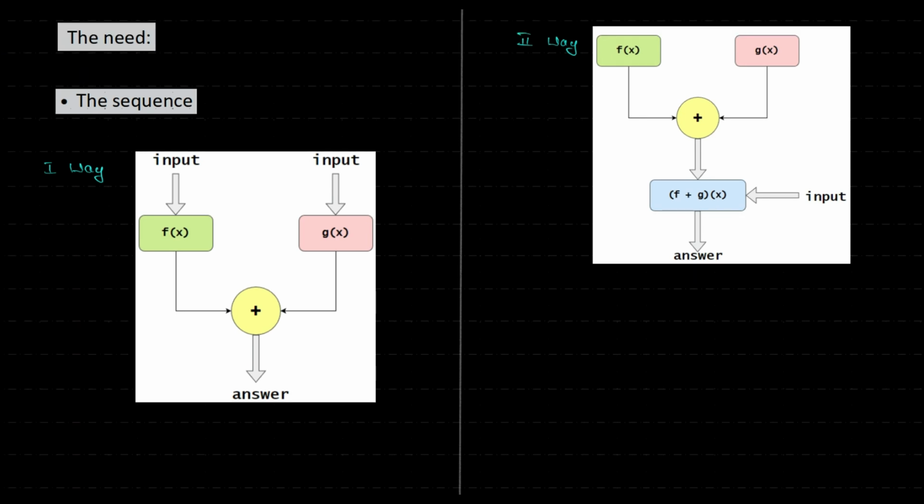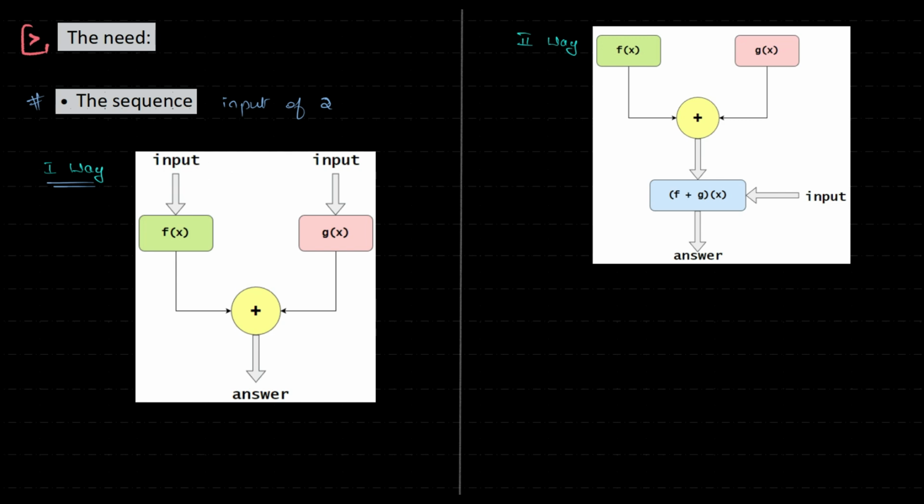So let's understand this with the need of whatever we are doing. There are two ways, for an input of 2. I can individually take in this input 2 and resolve f(x) plus g(x).